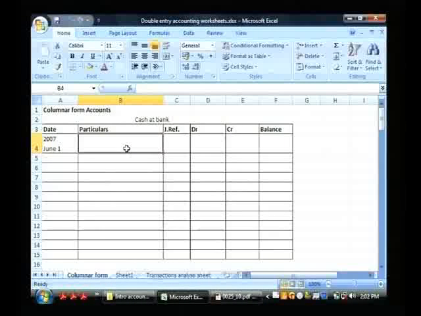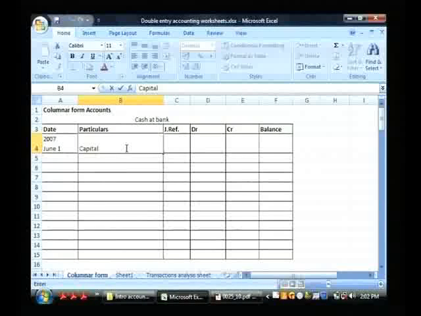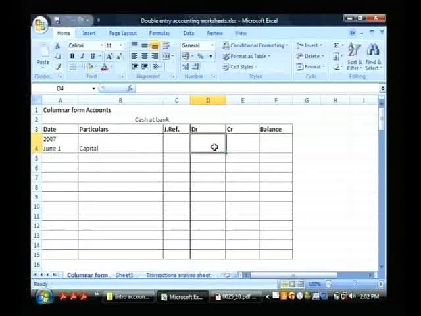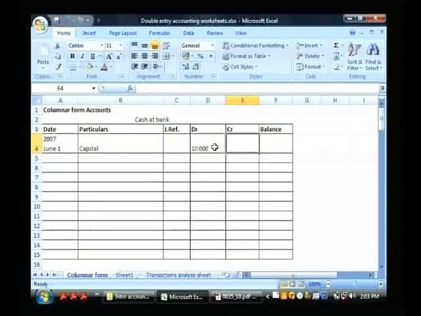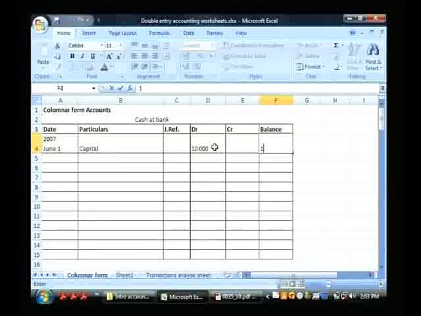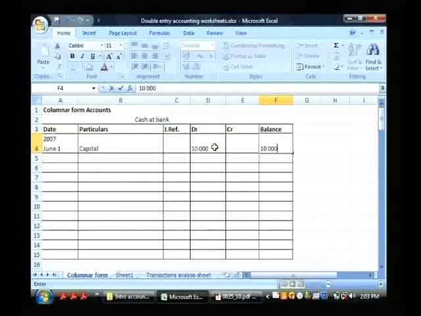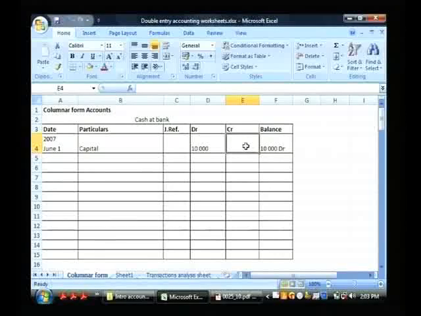So it is introduction of capital, therefore capital account credit and cash at bank account debit. 10,000 here in this column, and after making an entry, record the balance also, and this is a debit balance because there is nothing in the credit column.